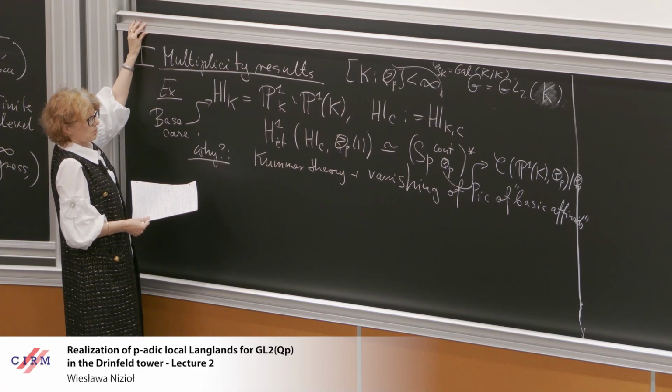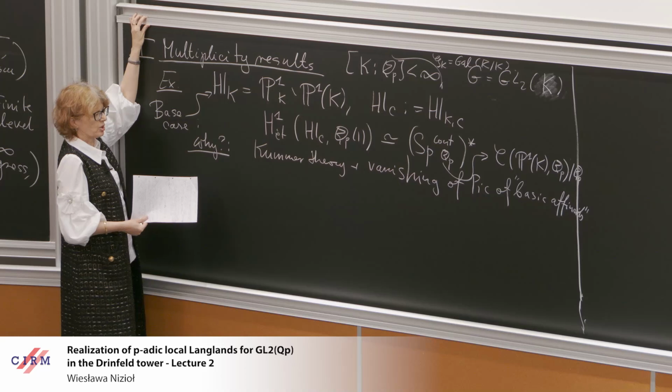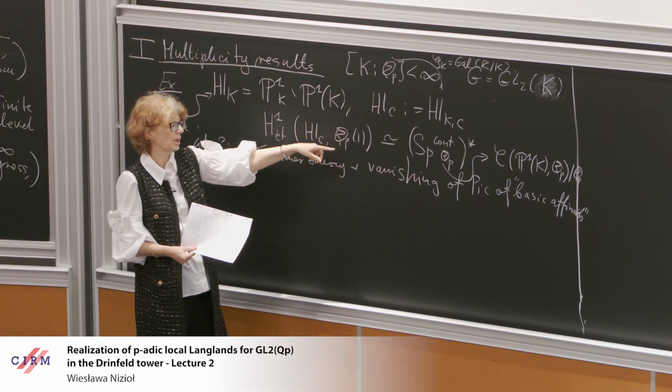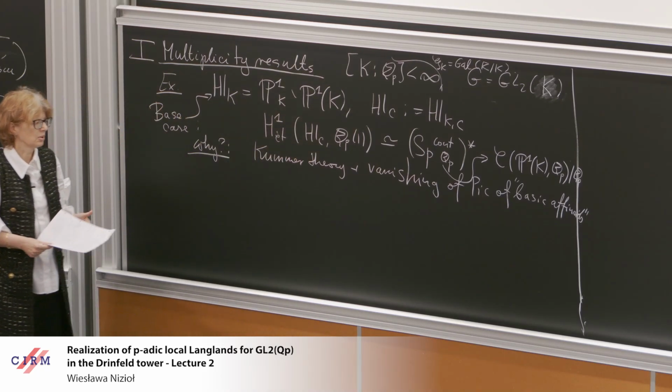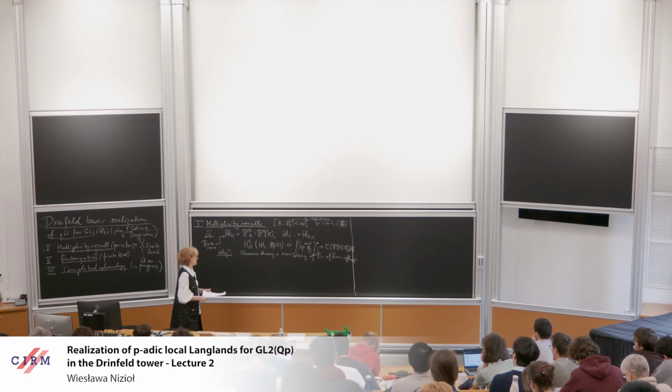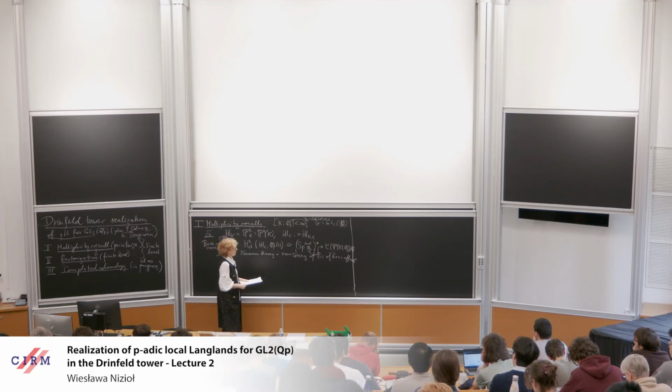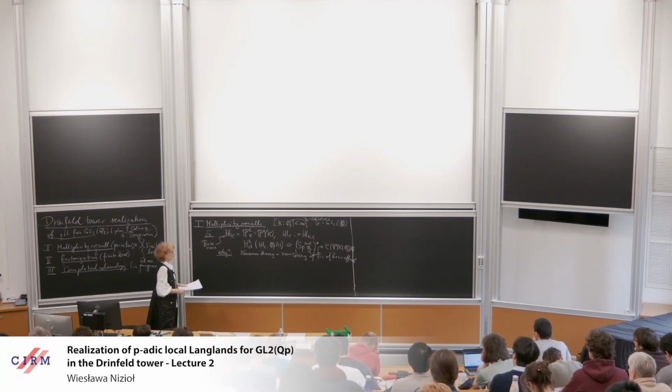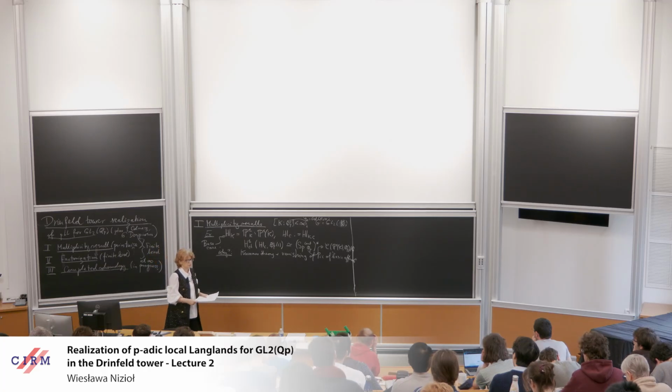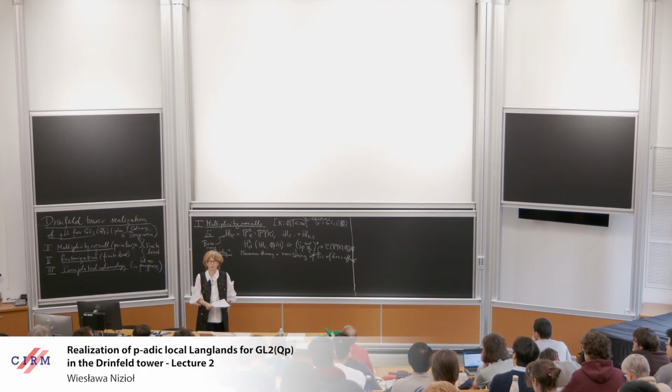This result was a similar kind of computation. The result was known for l different from p. It was a computation of Drinfeld, and he also announced it for p. It's kind of funny because we believed what he said, even though his proof was not correct.